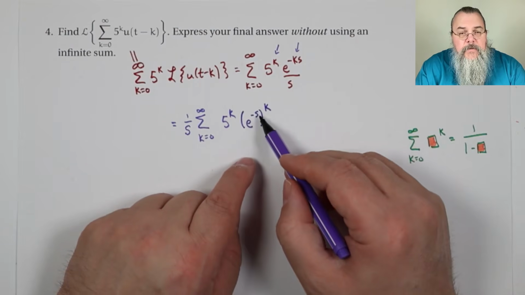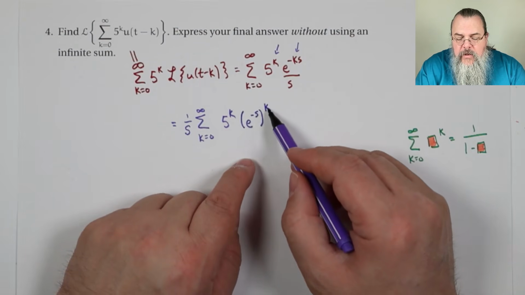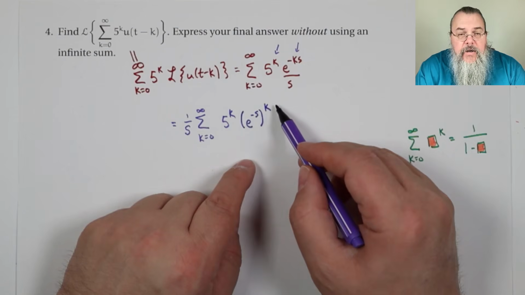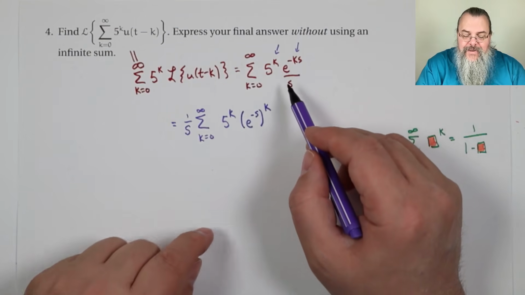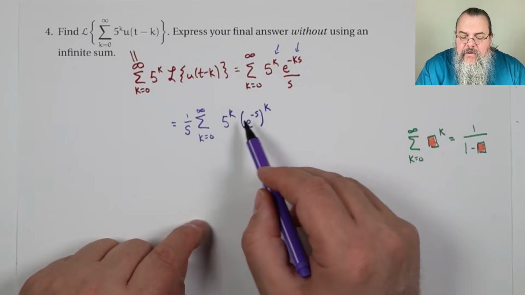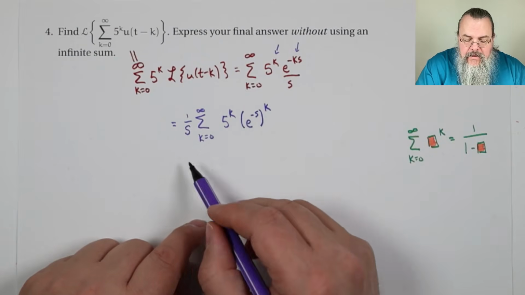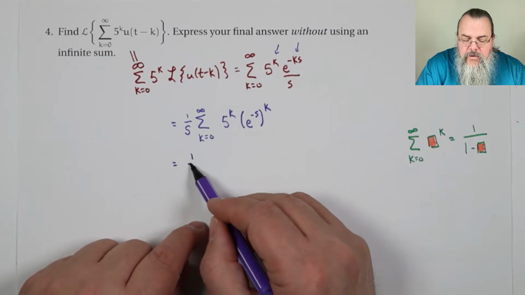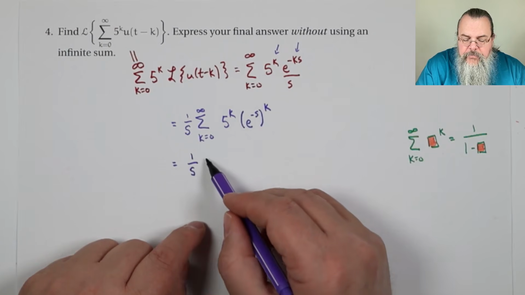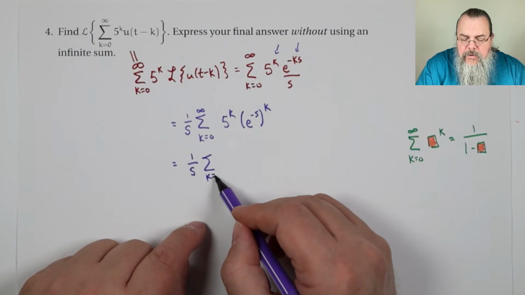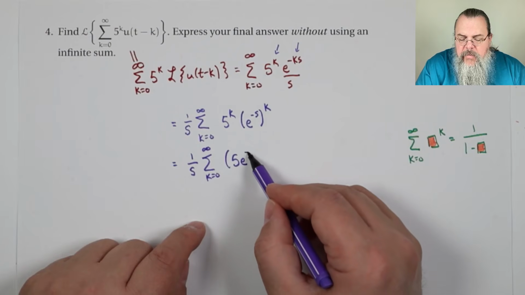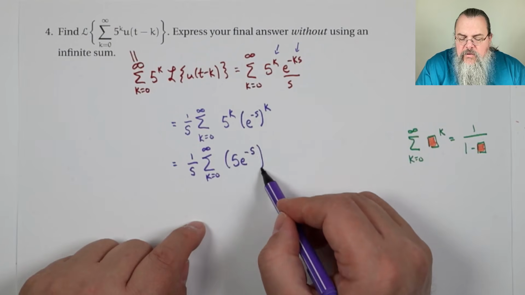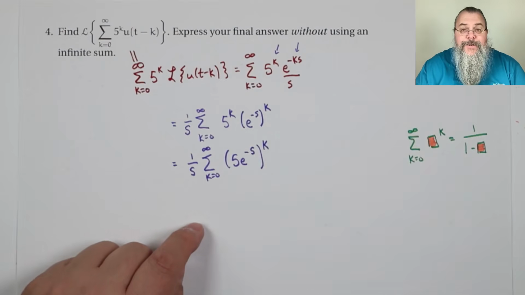Convince yourself: if you have a power to a power, multiply the powers, that does become minus ks. But since both of these are to the power k, we can combine. So we have 1 over s, sum, k equals 0 to infinity, 5 e to the minus s, to the kth power.